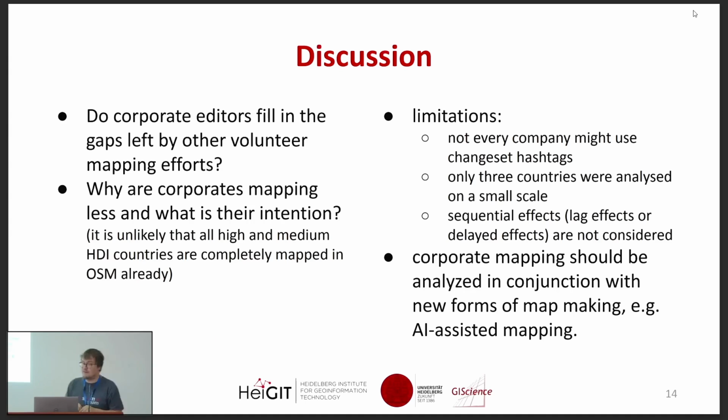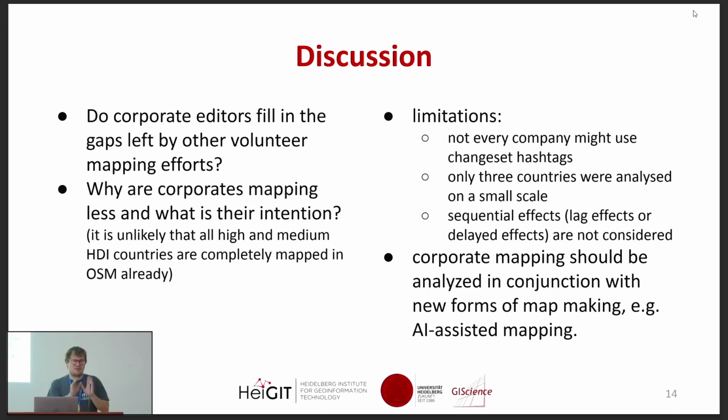There are some limitations to our work. Not every company might use hashtags, or we rely on that they use it consistently, which is something we cannot really enforce, but we can encourage everyone to use them because this makes analysis easier. We only analyzed 3 countries here, and there were at least 30 or 32 where this would make sense because we saw these countries with a high corporate mapping activity.